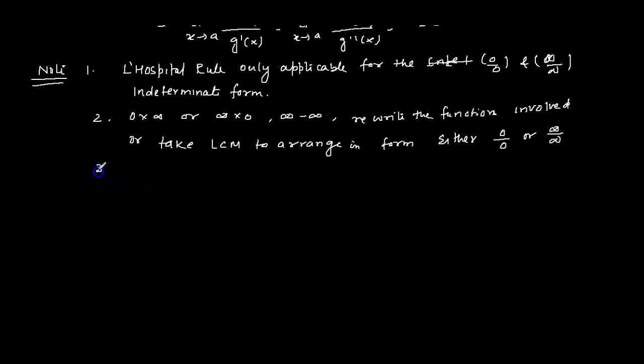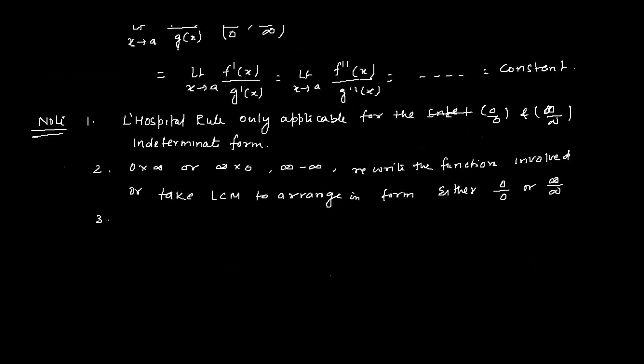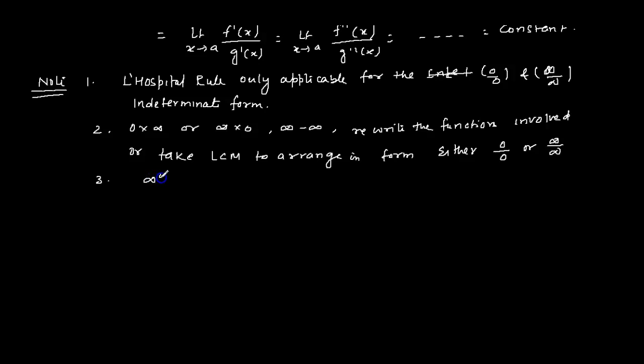And the last one, the third: if the indeterminate form is infinity to the power 0, or 0 to the power 0, or 1 to the power infinity, at that time we have to treat them as logarithmic functions.